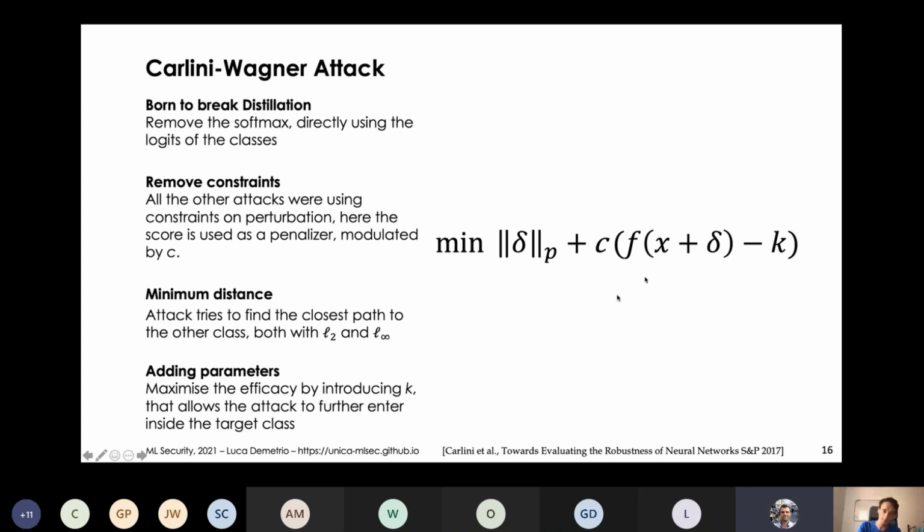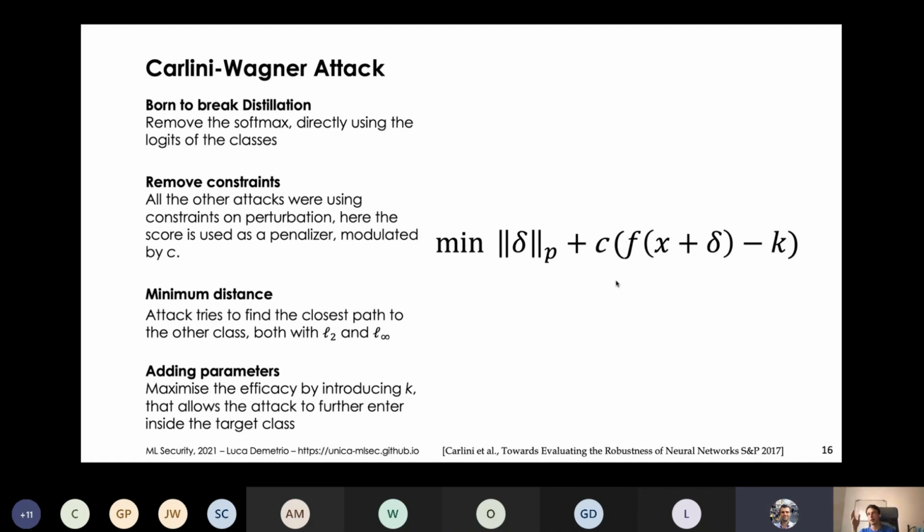The formulation of the Carlini-Wagner attack is mainly focused on the perturbation that you want to apply. So again, I want to minimize the perturbation as much as possible, but since you want to cause a misclassification, you need the score of the classifier, modulated by this parameter C. This C is basically a Lagrangian multiplier.